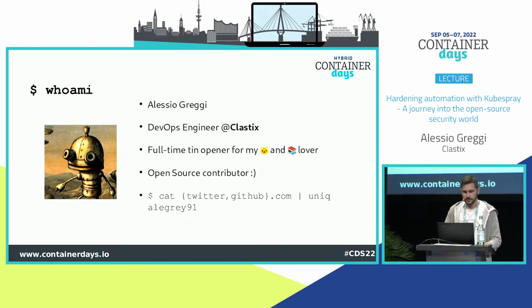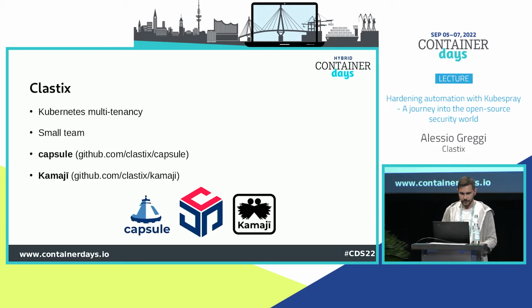But let's start the talk. First of all, a few words about Clastix. Clastix is an Italian company and is really focused on the Kubernetes ecosystem, specifically Kubernetes multi-tenancy. We are a small team, and we are really involved with open source.